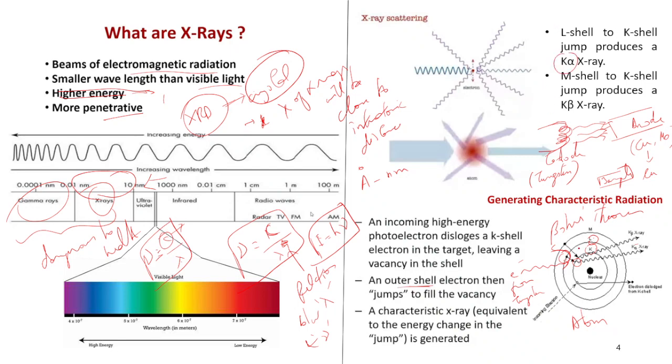If the transition is from M to K, it is called K beta radiation. Usually for our experiments, we predominantly use copper K alpha, as it always gives the highest intensity compared to K beta.